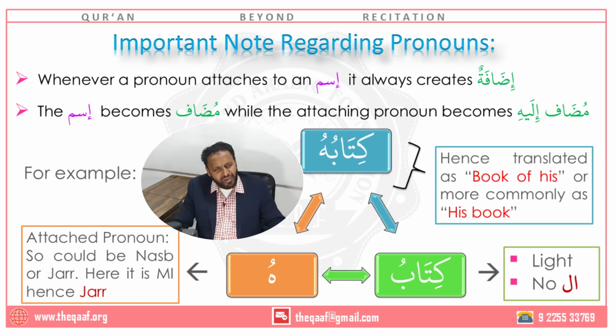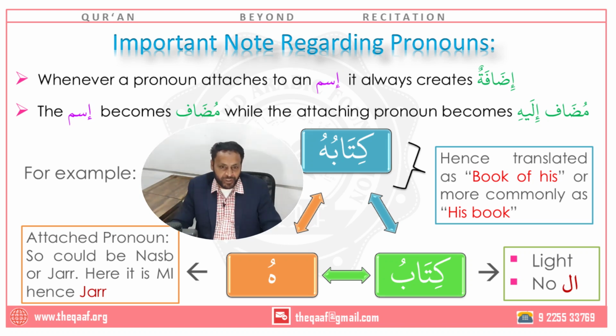Now, do I have a mudaf ilay? Well, I have an attached pronoun, and we were told that the attached pronoun could be nasb, could be jar. But at the same time, we were also told that if it could be jar, it is. So I need this to be jar, it is jar. That is why kitabuhu is the combination of mudaf and mudaf ilay.